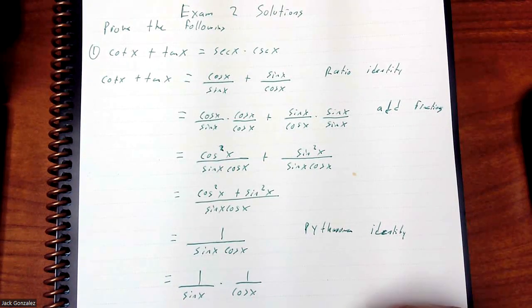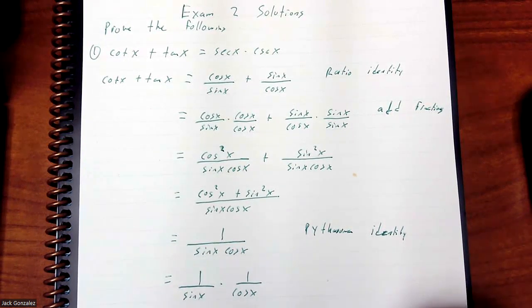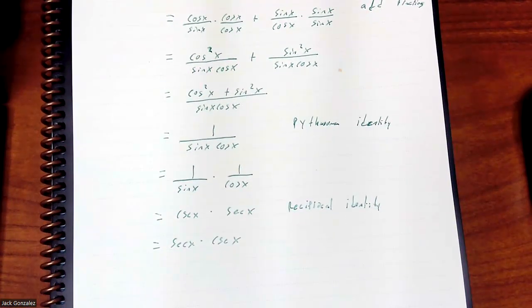This is the reciprocal identity. Sorry. That makes sense? Okay. Any step that was strange?